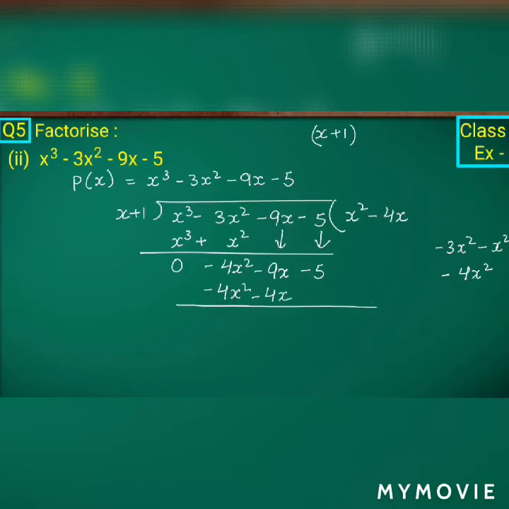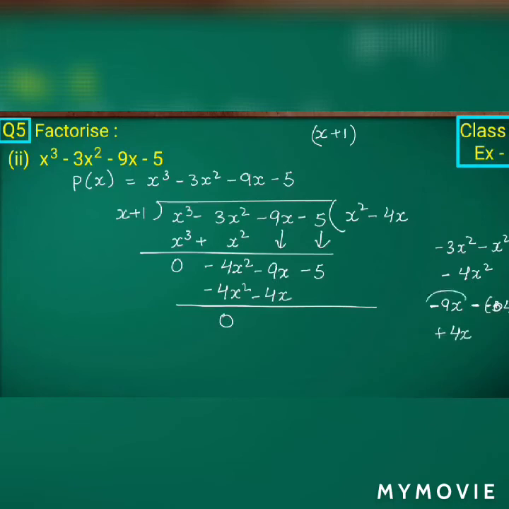So again we have to do subtraction. Minus will become plus, isn't it? So minus 4x square plus 4x square will get cancelled. Minus 9x minus of minus 4x gives plus 4x, isn't it?